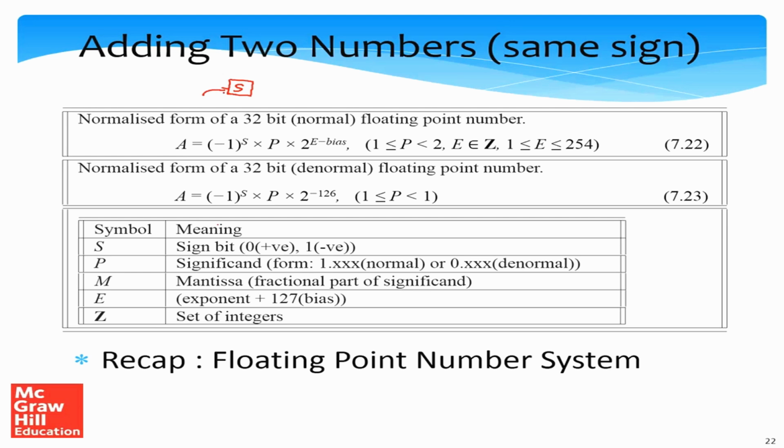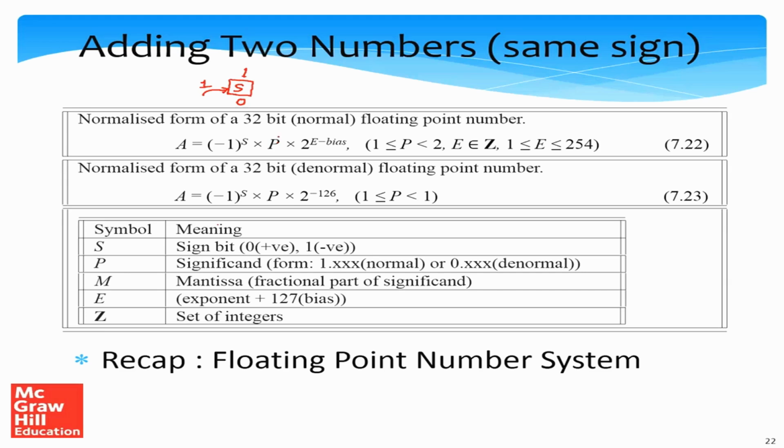we store one bit. The most significant bit is the sign bit. So any number that has a normalized form, the normalized form basically says that we take this number -1 to the power s. So if s is 0, the sign bit is 0, that means this is 1. Otherwise, if the sign bit is 1, then -1 to the power s is -1, so the number is negative. Then we store a significand.